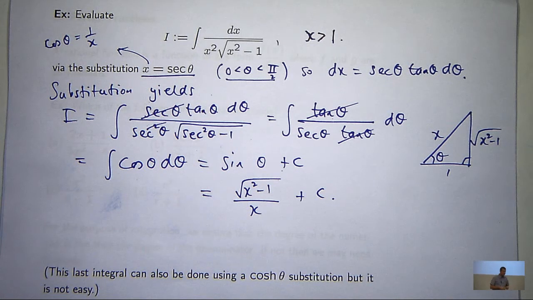Other than that, it can be anything. Sorry, say again? No. X is not, because look, x is strictly greater than 1. You see it? So I've just built that into the problem. That's a valid point, though.